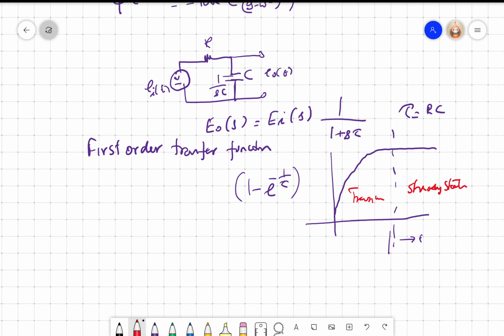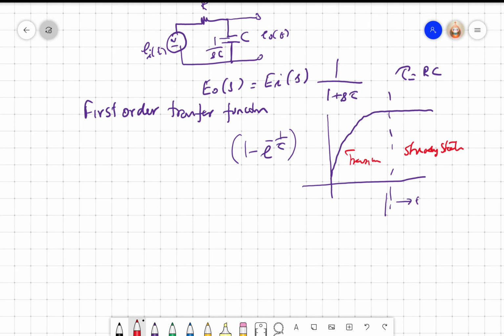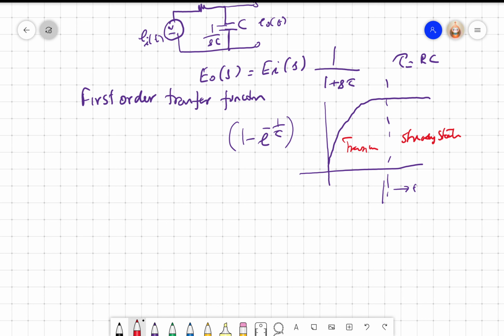As I already said, the mercury thermometer will fit exactly into a first order system, so it will have only one delay at time constant, right?